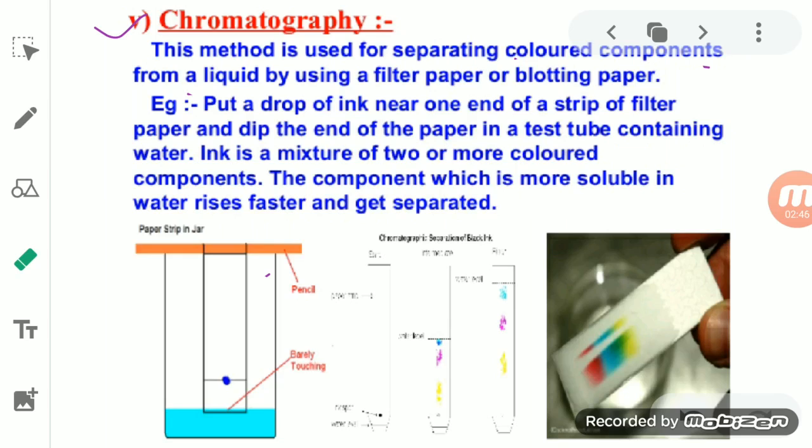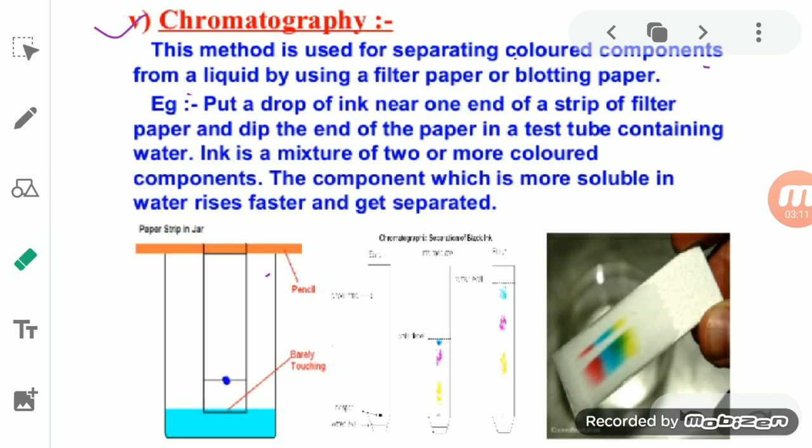Now see here, the substances which are dissolved should be dissolved in the same solvent, but their solubility may be different. Suppose a solution has a common solvent in which two or more components are dissolved.